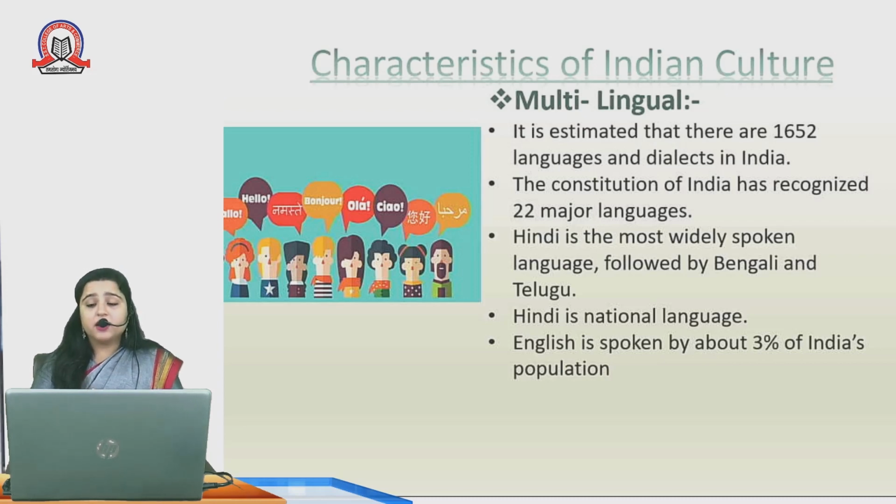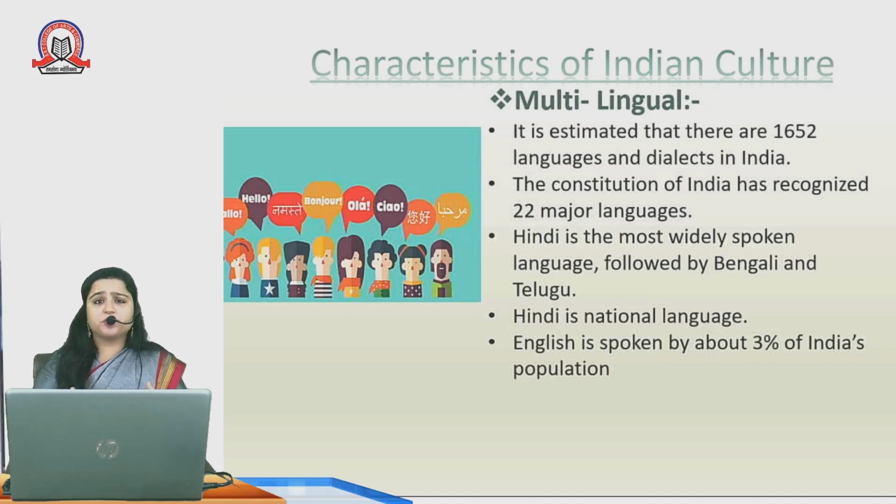Why? Because there are 1652 languages and dialects in India, from which our Indian Constitution has recognized 22 major languages, and from that Hindi is selected as the national language.